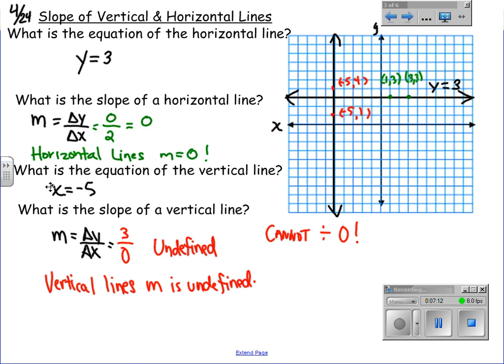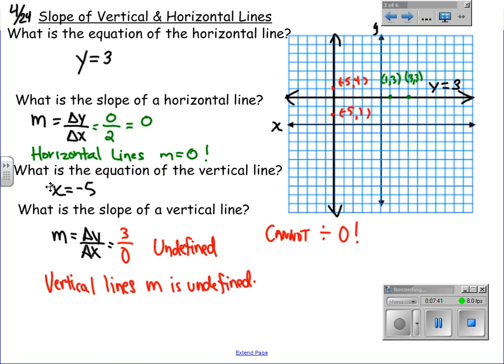Here's one way that I suggest to students sometimes to help them keep straight that a horizontal line has a slope and it's 0, versus a vertical line doesn't, it's undefined. I imagine that I am a road builder or somebody who travels on roads. This horizontal line is a road I could build. It would be easy to drive or bike along because it's flat.